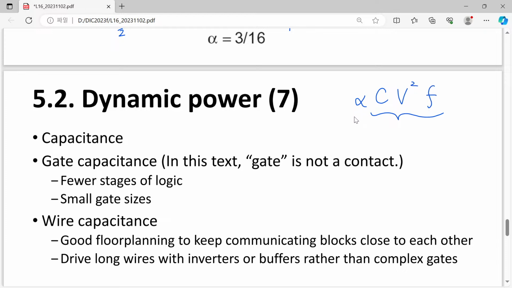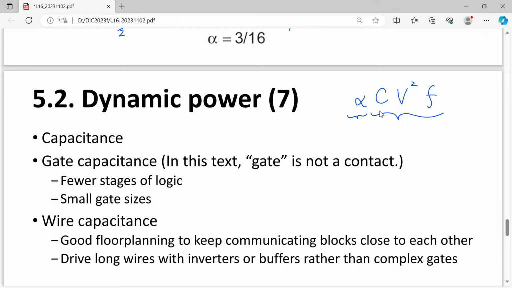Of course, when you change your circuit design, then you can easily change your alpha value. So this course is basically for circuit designers. So as a designer, you can change this alpha.